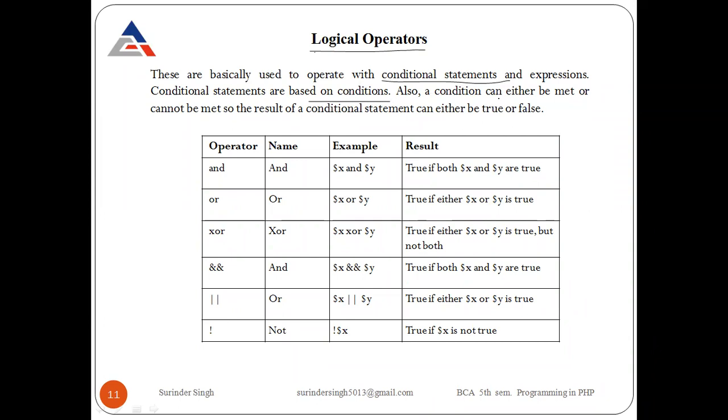A condition can either be met or not met, so the result of a conditional statement can either be true or false. On the basis of the result of the condition, we will execute some code, or we may not execute some code. Clear?